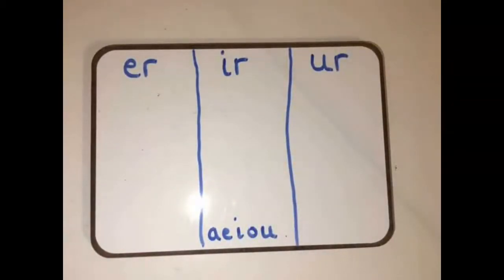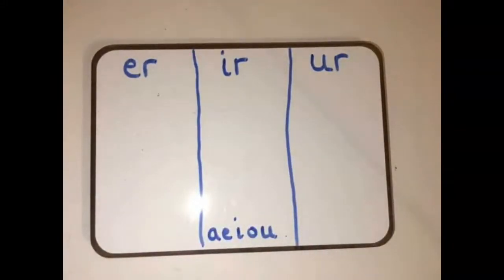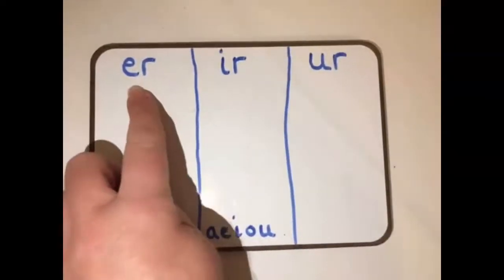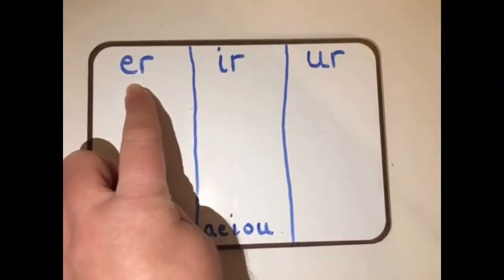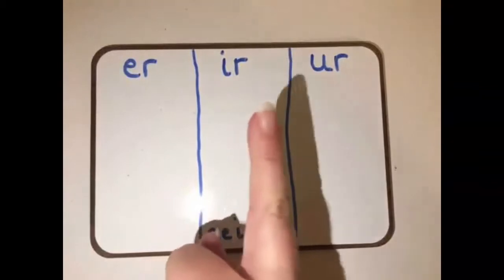Now, if you have been watching the phonogram video every day, then you have been learning about all 3 of these R-controlled vowel combinations. ER is the sound of her that you've been learning about. IR is the sound of first.